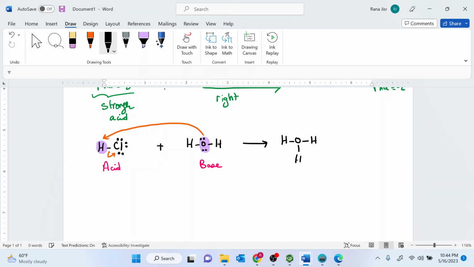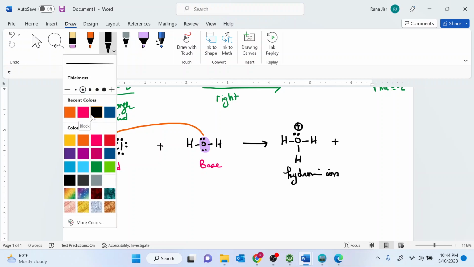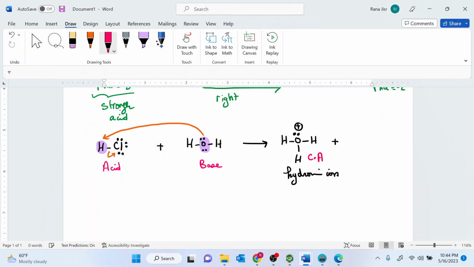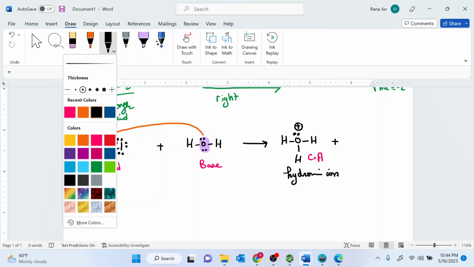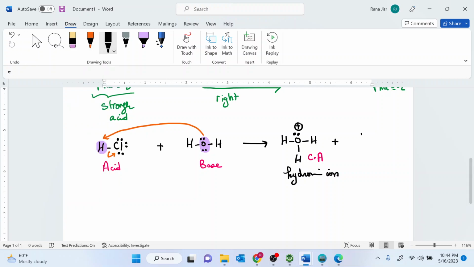I'm doing these examples just to show you that any acid, whenever it's dissolved in water, you're going to get your hydronium ion. And as I said, the positive charge is a sign of acidity, so this is going to be my conjugate acid. Plus, of course, whatever is left from the acid, it's the Cl minus.